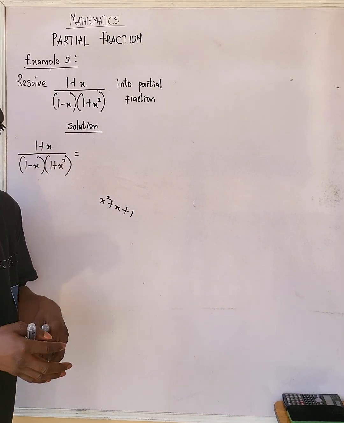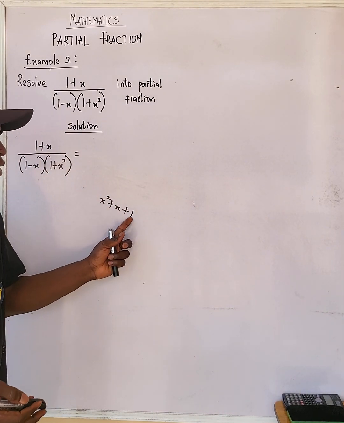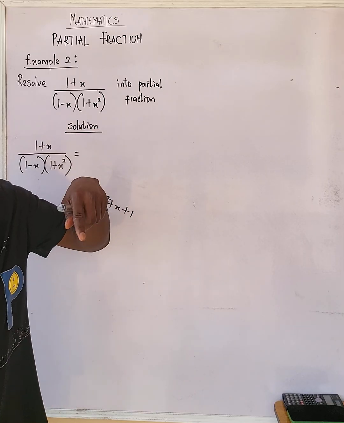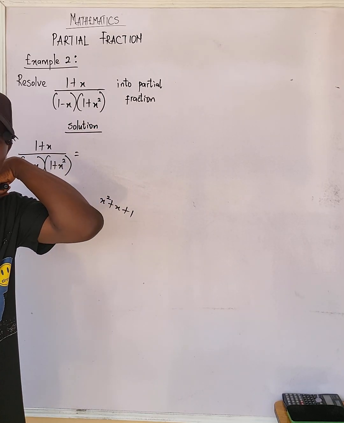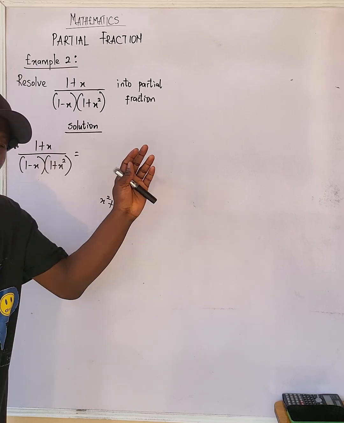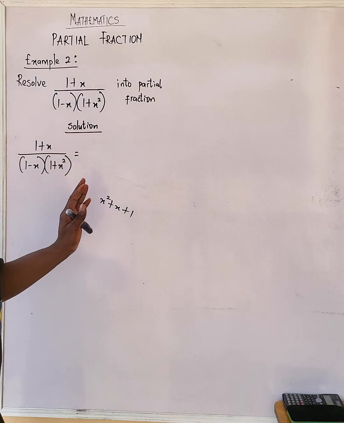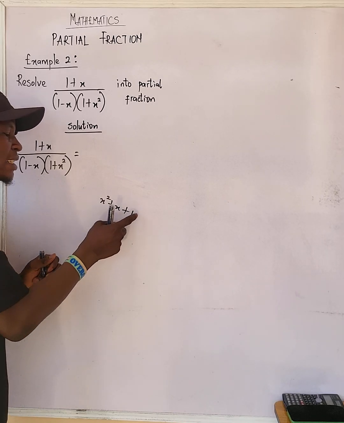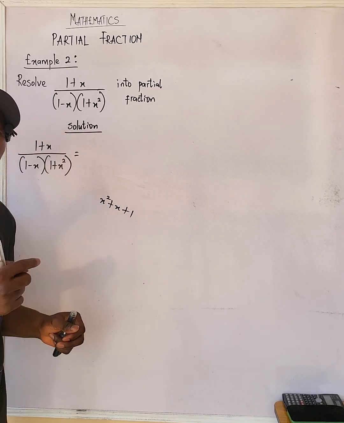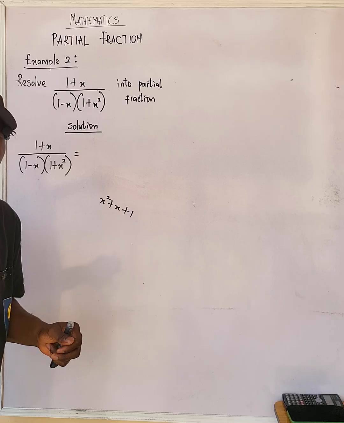Why? Because it cannot be factorized. Are there any two numbers that when you multiply will give you 1 and when you add will still give you 1x? No. So if you think you can factorize it, just continue while the rest of us continue with our own partial fraction, right? So when you cannot factorize it, it is under a repeated quadratic factor.